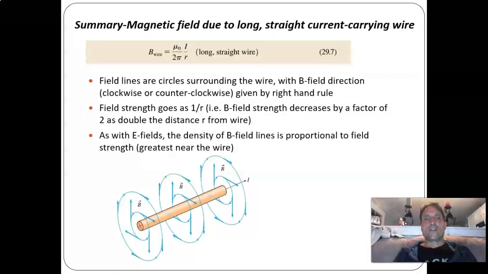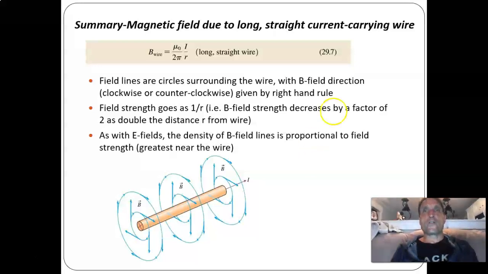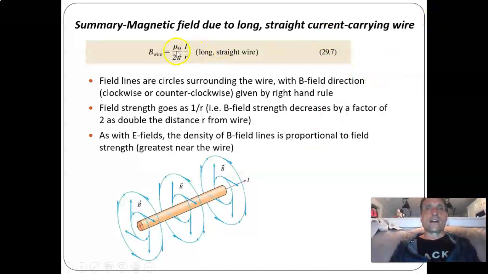And so here's our summary for a magnetic field due to a long current carrying wire. The magnetic field is proportional to the current. It's inversely proportional to the distance r from the wire along any direction. And the field lines are circles surrounding the wire with the magnetic field direction, either clockwise or counterclockwise, determined by the right-hand rule.